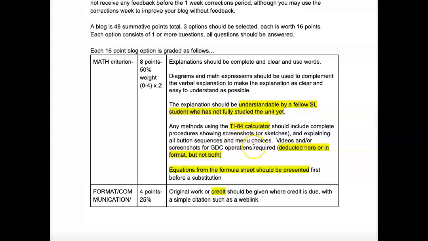Let's see. If you are missing explanations for the TI-84, I might take it off in math, or I might take it off in format, but I won't take it off in both. Whenever you use an equation from the formula sheet, you should present it before you do the substitution.